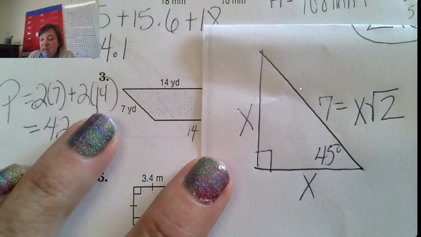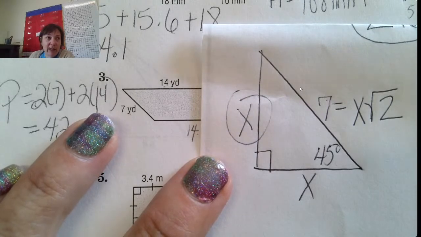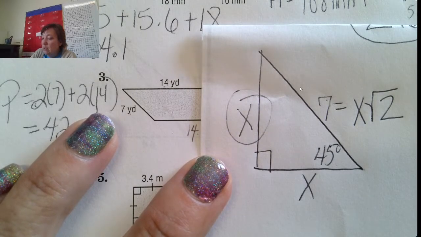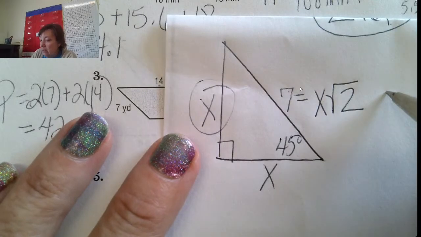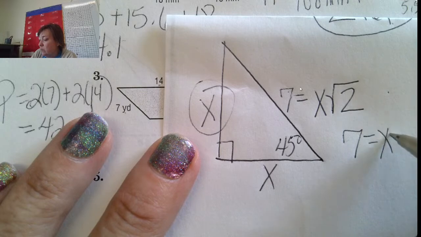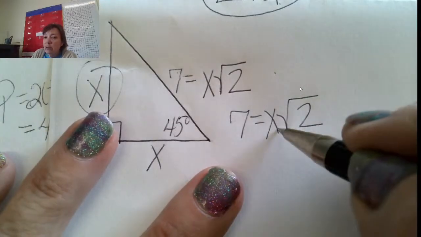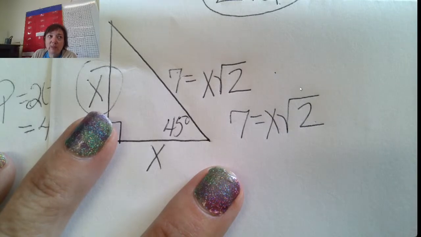Right? So if we want to find out what this is, that's what we want to find out. We want the height of that triangle. Then we just need to solve this little equation that we have where 7 equals x times the square root of 2. Now, what is x and square root of 2 doing to each other? What math is happening?